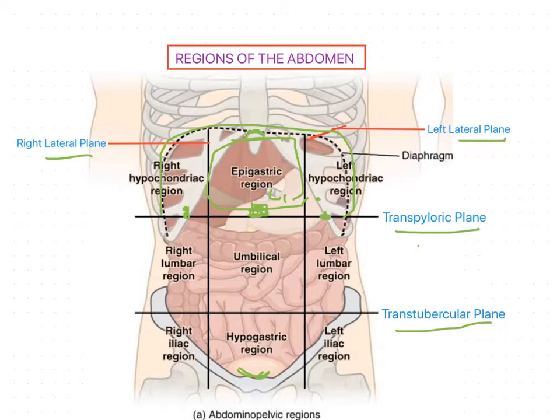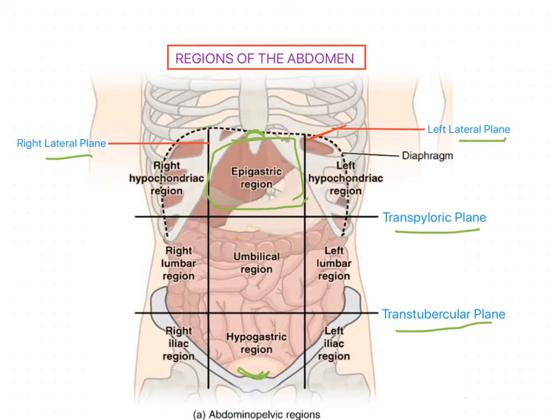The organs present at this plane are the pylorus of the stomach, the beginning of the duodenum, the neck of the pancreas, and the hila of the kidneys. These are the organs we can find at this trans-pyloric plane.